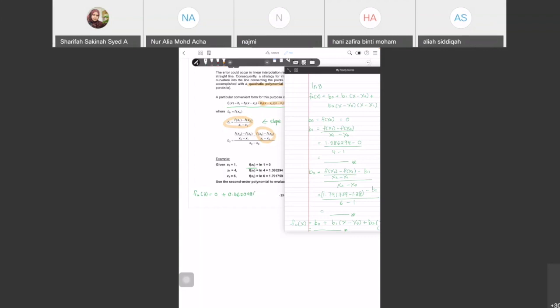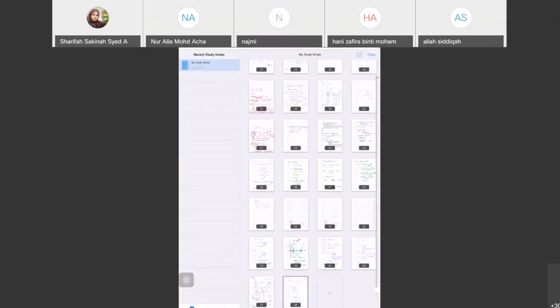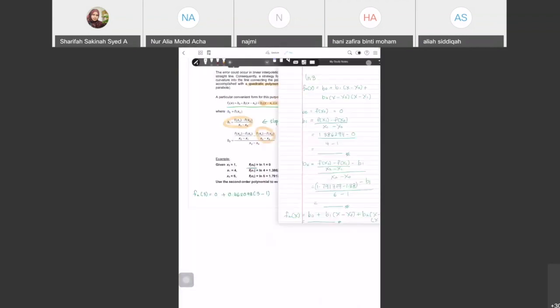So your value of x is equal to 3, your x0 is equal to 1. Then you have to add b2.